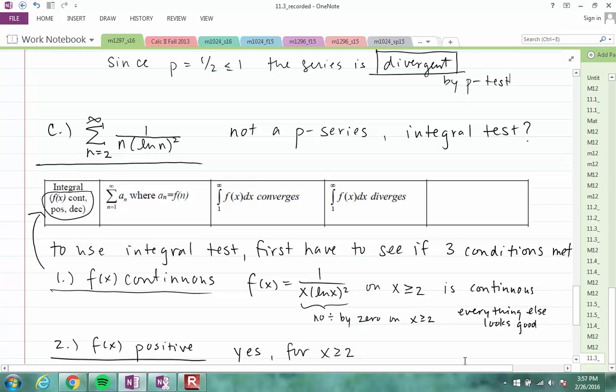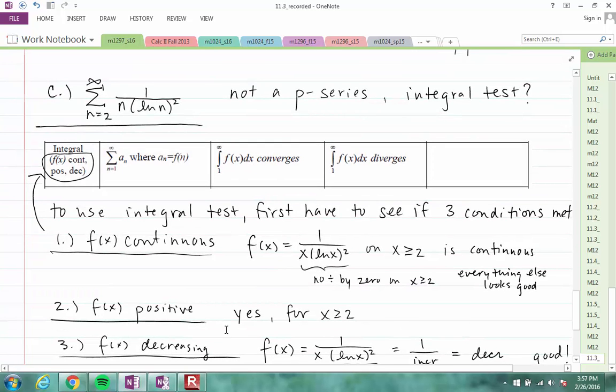Notice we don't have any division by 0 here for x greater or equal to 2. ln x at 0 is not defined, so that's not true in general, but for x greater or equal to 2, there's no problems. Also, it's positive, since ln x for x greater or equal to 2 is positive, and then we square it, no issues there.